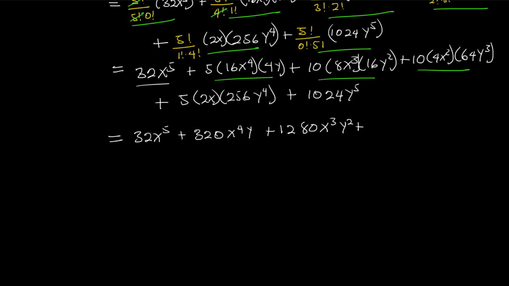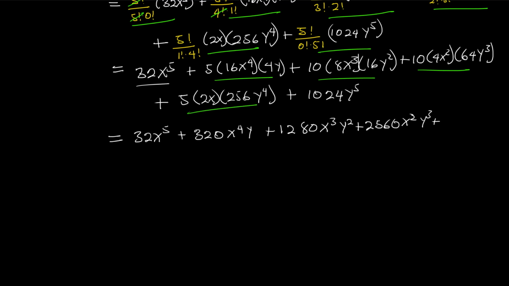This gives us 10 times 4 times 64, and that gives us 2560x²y³, plus this term here gives us 5 times 2 times 256.